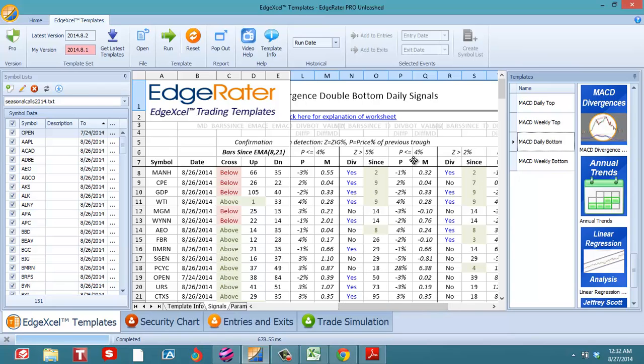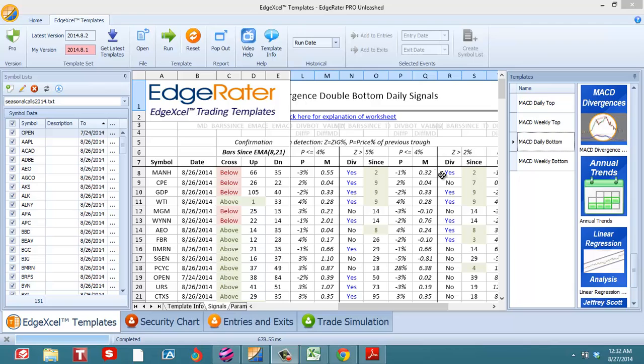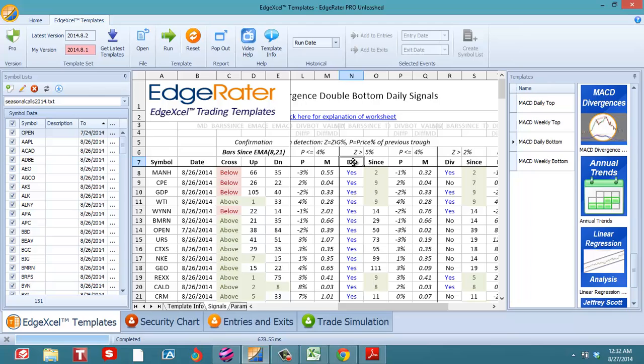Let's just start at the Z2 or the Z5. The nice thing here is it'll tell you how big the divergence is right here on the M. So I'm going to order it right here. I'm going to say all the ones that have divergence, and the nice thing is it gives us how many days ago it had that divergence.